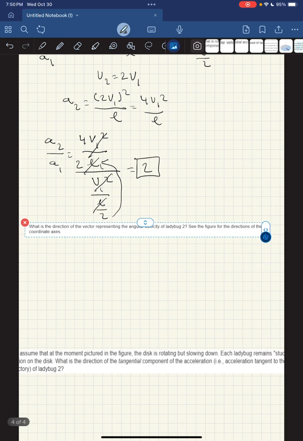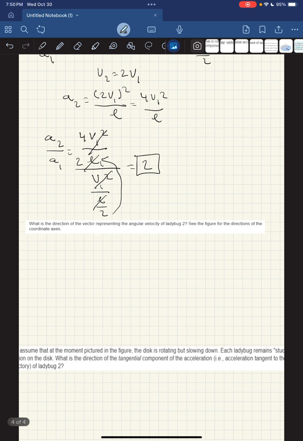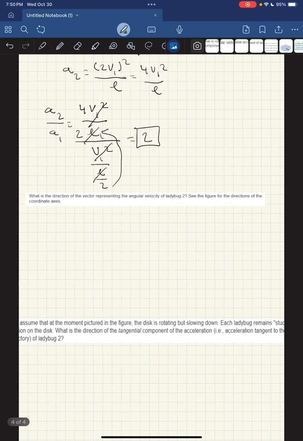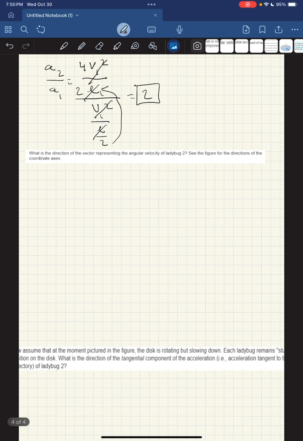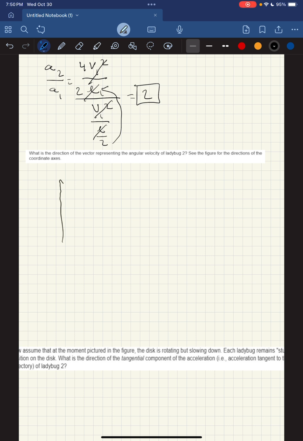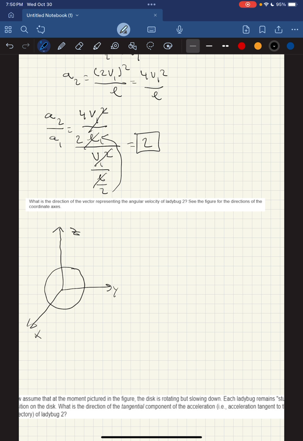Part D is asking for the direction of the vector representing the angular velocity of ladybug 2. If the disk is currently in this coordinate plane, somewhat like that, and it is rotating this way, we use the right hand rule.